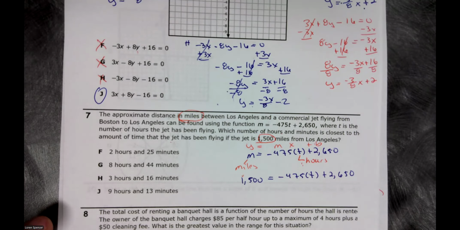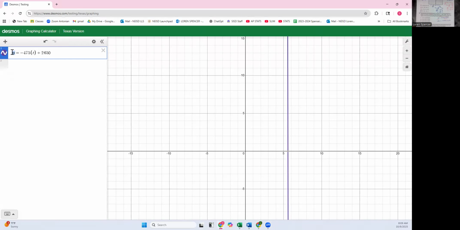Ooh, I'm sorry, I haven't been showing that. Let me share. Okay, so that was our initial equation, but we know that this is 1,500 because they told me that it's 1,500 miles. And it's not solving it. Why? I need to change that to the squiggle.